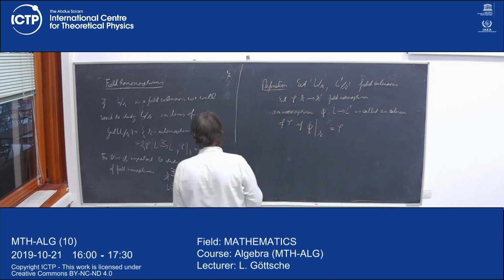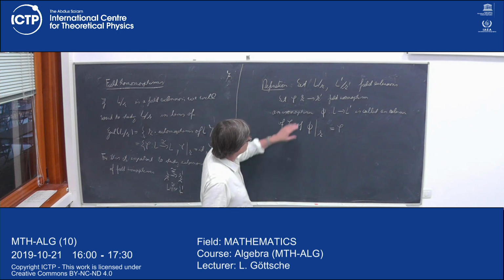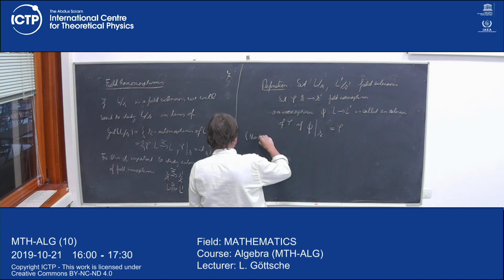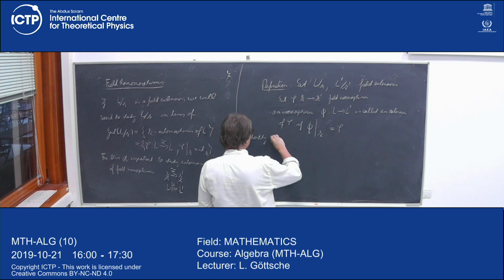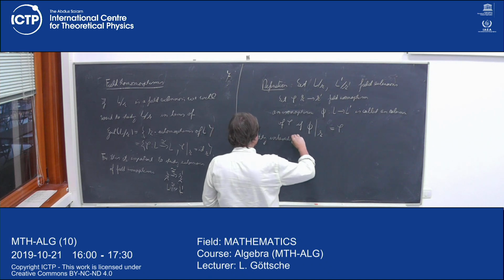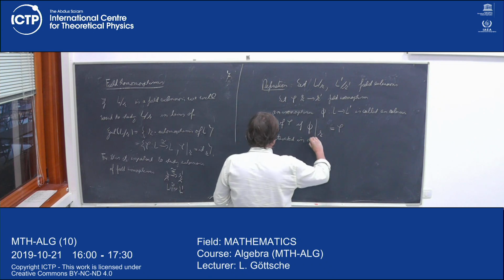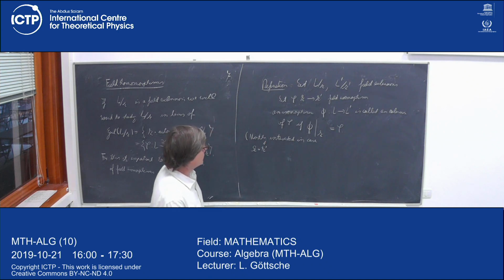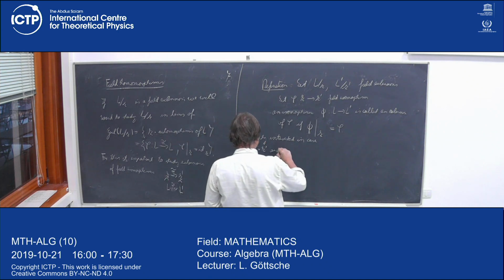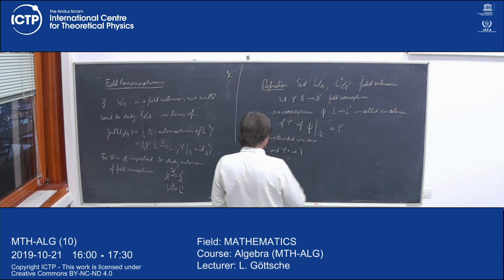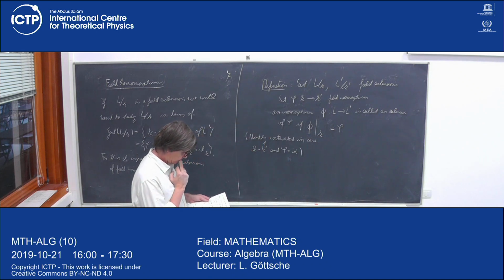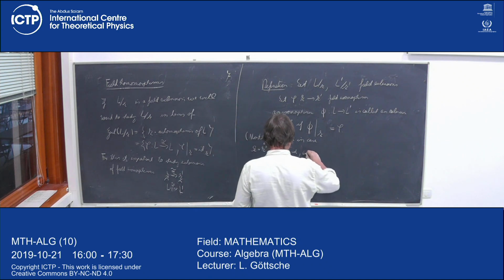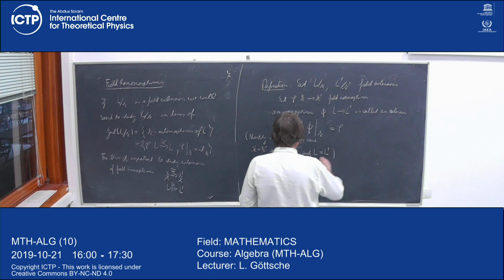And so we will mostly be concerned with the case where k is equal to k prime, and phi is the identity. And maybe even L is equal to L prime.